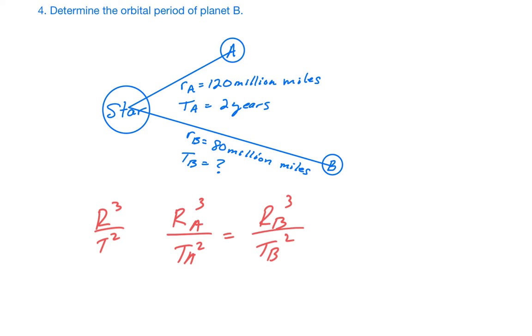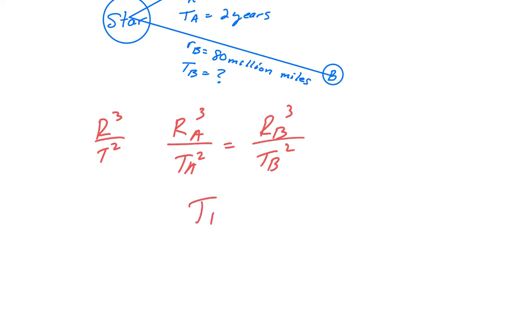So now you can just go ahead and plug in what you know, and you can solve for the period for planet B. You should have gotten the period for planet B is 3.7 or 3.67, if you don't round as much, years.